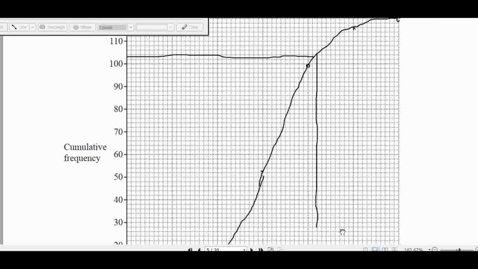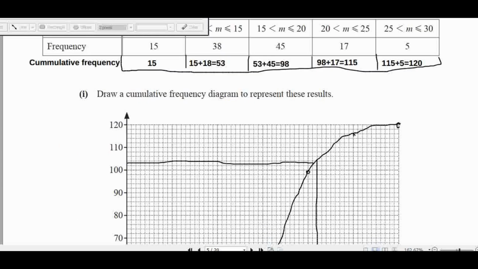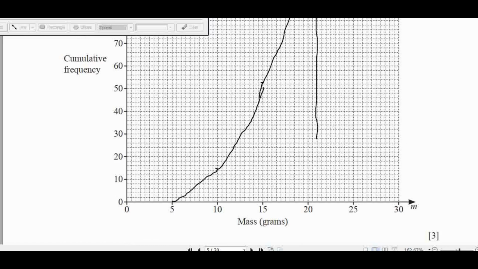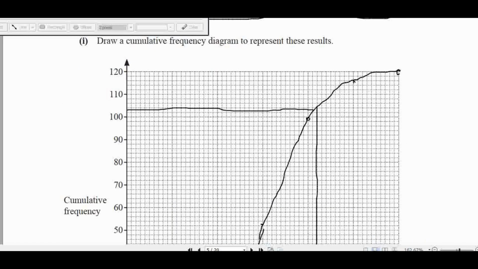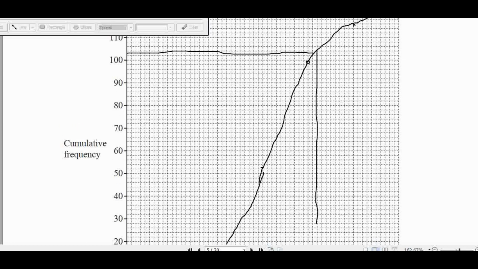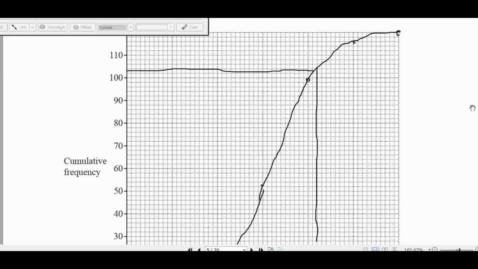And then 20 to 25 is 115, this is 25, and at 25 it is 115, and then at 30 it is 120. I will join all of them freehand, so we get a cumulative frequency curve for this data. This is the cumulative frequency curve for this data.